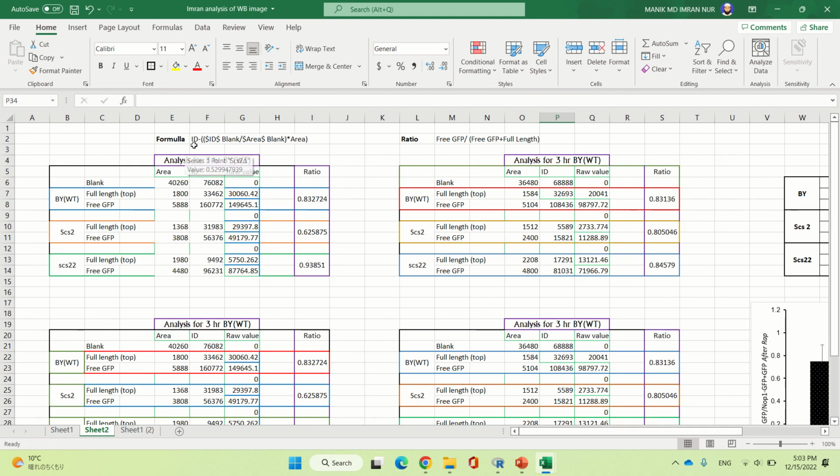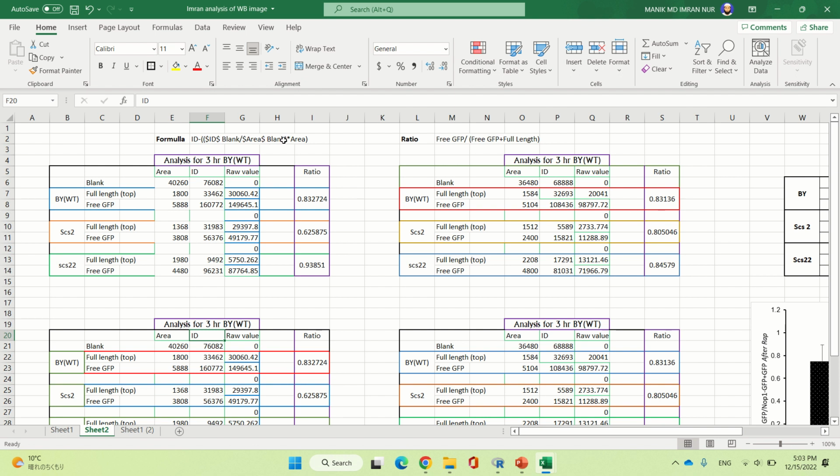ID minus ID, ID means integrated density. So the formula is integrated density minus integrated density divided by area, by area, yes. This formula.